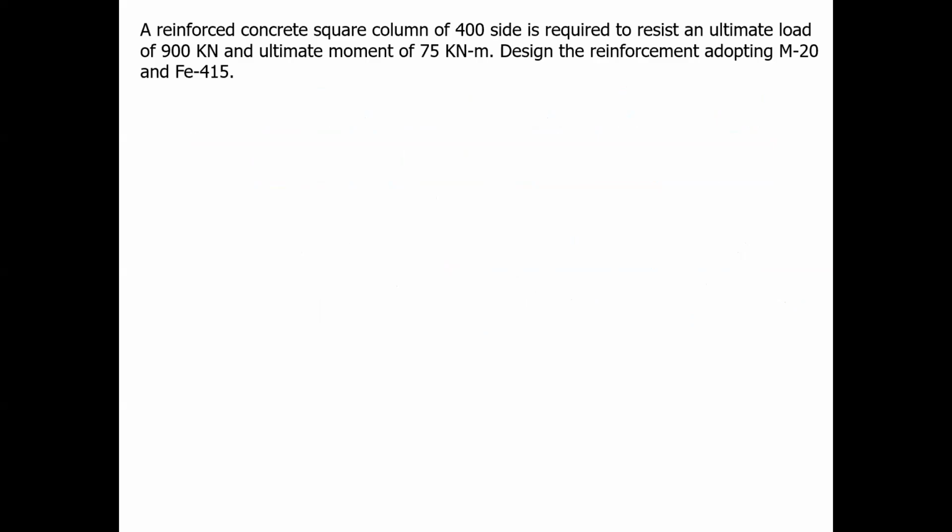Take down. A reinforced concrete square column of 400 mm side is required to resist an ultimate load of 900 kilonewton and ultimate moment of 75 kilonewton meter.